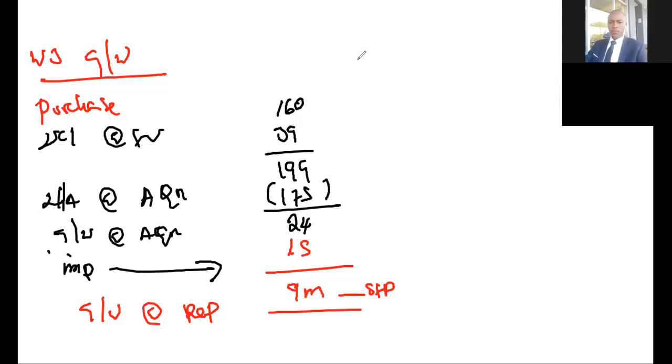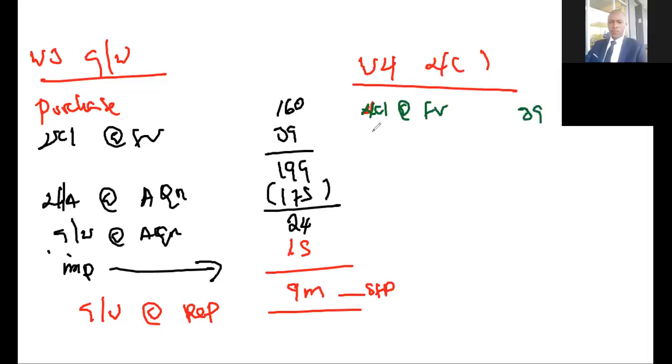NCI, working number 4, non-controlling interest. What do we do? Remember, post this one to the SFP. What's our NCI? At fair value. So NCI will go to the fair value. We say NCI at fair value, which was told to be 39 in the question.